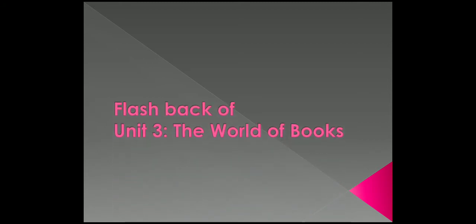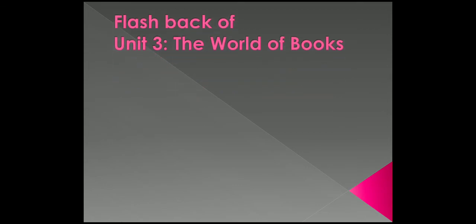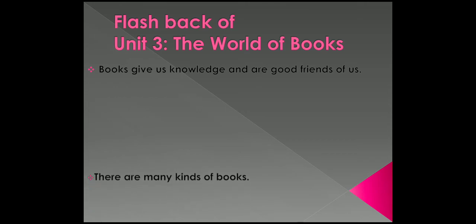Now we are going to do the flashback of unit number 3, The World of Books. What we have learned from this unit and the things which we have done. First of all, we have learned that books give us knowledge and are good friends of ours. There are many kinds of books.